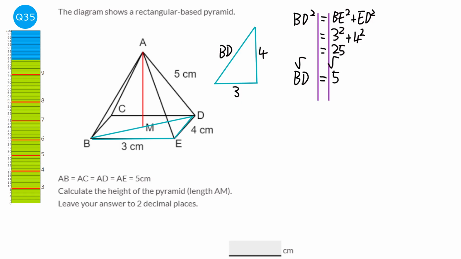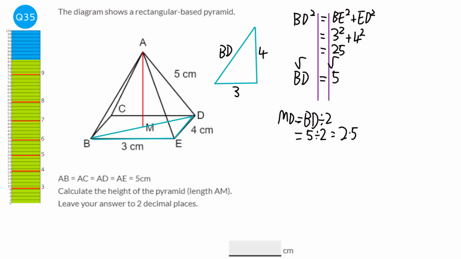Okay, we now need to work out what MD is, because we're looking for length AM. MD is just going to be half of BD, so half of 5, which is 2.5.